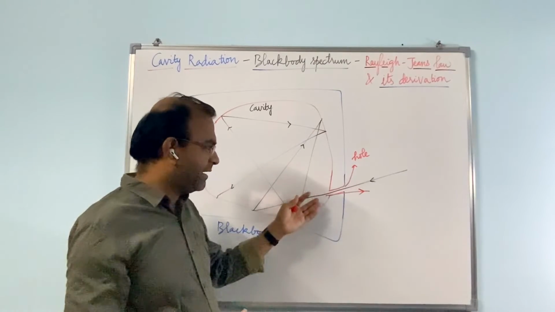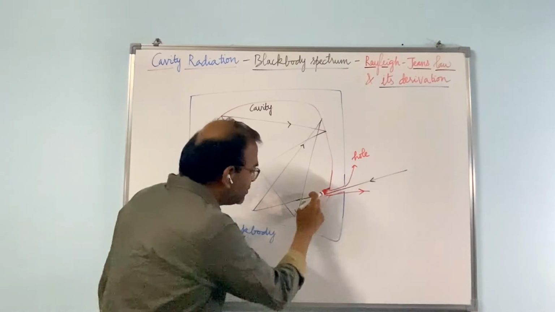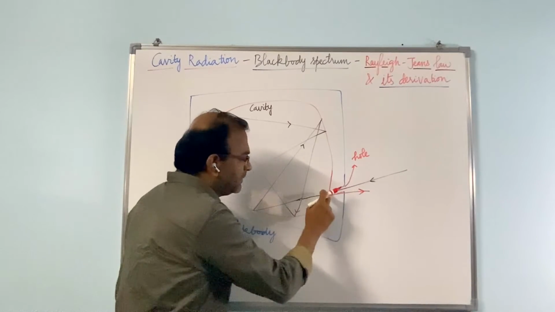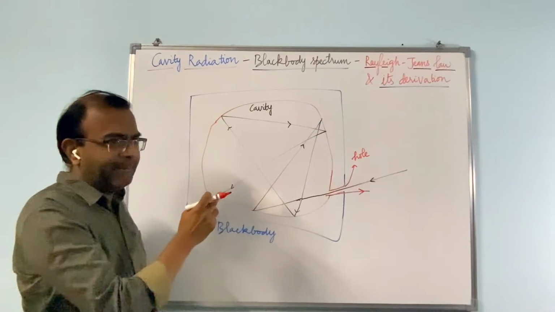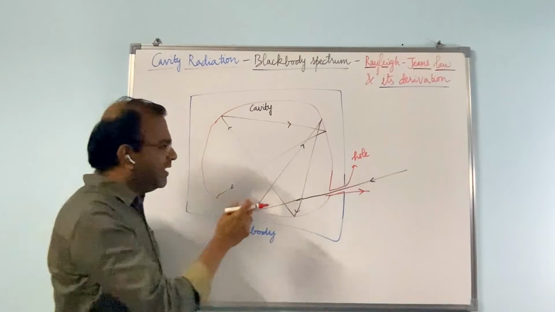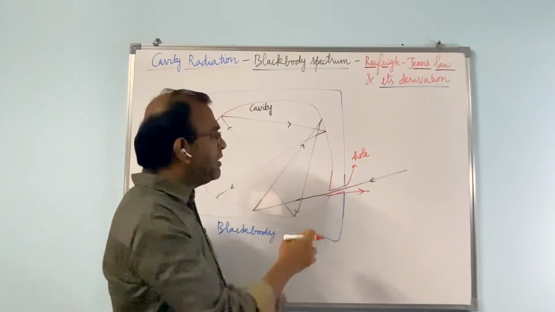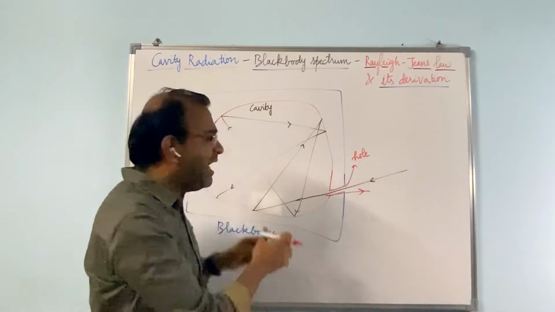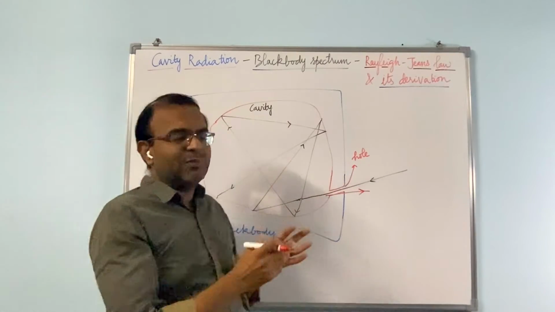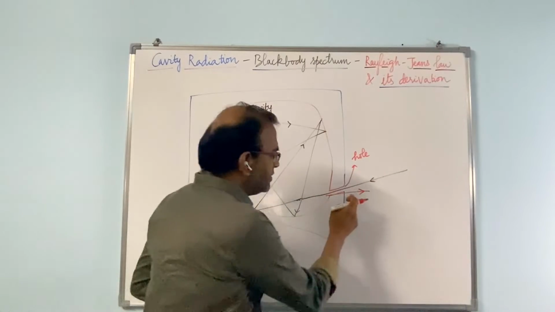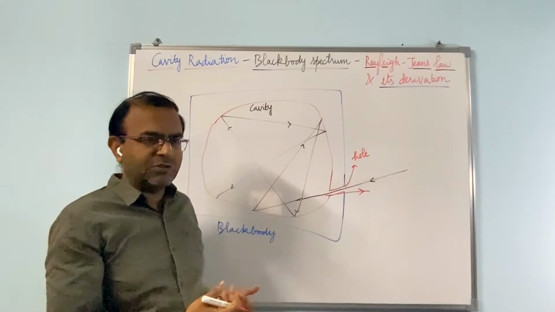We have already seen that. Now, the area of this hole is very small compared to the inner surface area of the cavity, and therefore the radiation that comes out from this hole is a small sampling of the radiation that is contained within this cavity, and therefore the radiation that is contained within this cavity also must be black body radiation because this surface behaves like a black body, the whole surface.